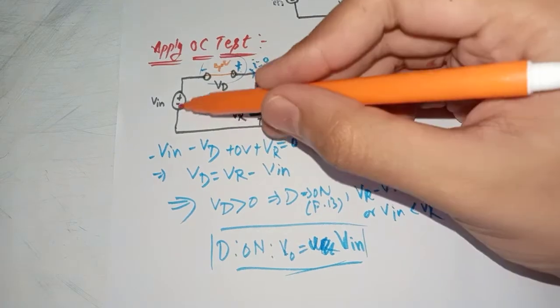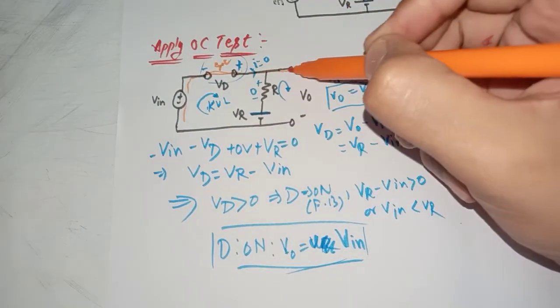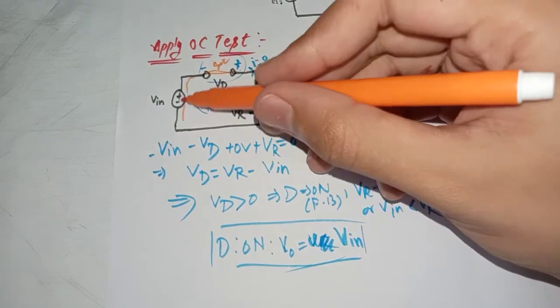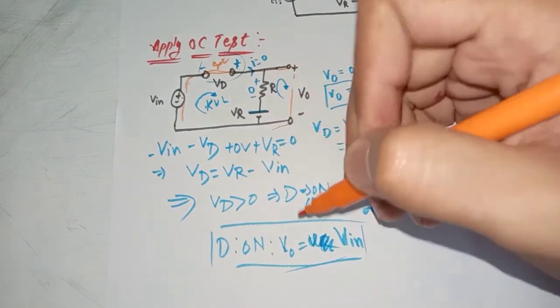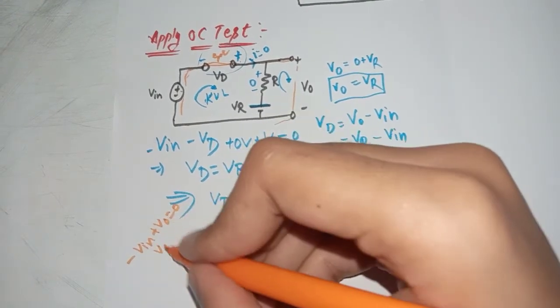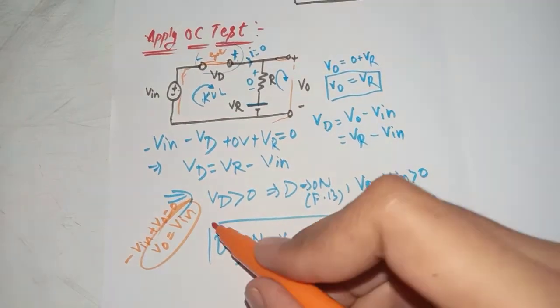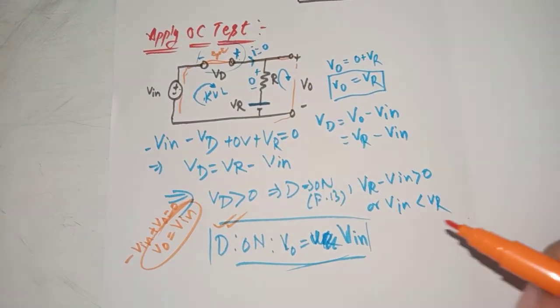So if I apply KVL in this outer loop, then minus V in plus V0 equals to 0, which will give me V0 equals to V in, right? So this is what I have written here, V0 equals to V in.